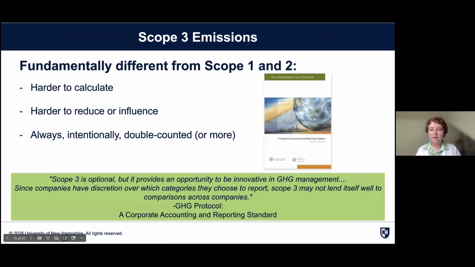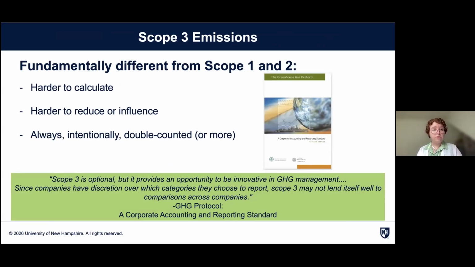So now, a bit more of a deep dive into scope three. I've mentioned how it's different from scopes one and two, and it's fundamentally different in some key ways. First off, it's just harder to calculate. It's much harder to get that data. With scope one and two, there are often bills associated with them, either from a utility or from purchase records.